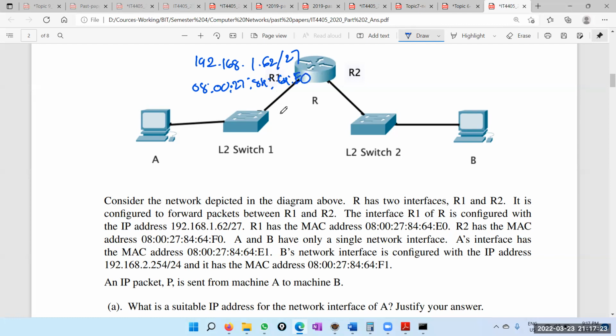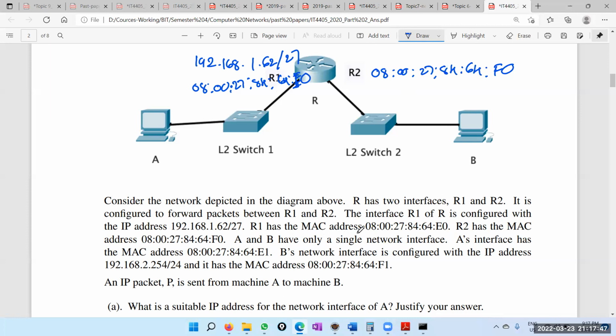R2 has a MAC address, that is this side, 0800 27 84 64 and F0. Okay. So this is E0. This is F0. Okay.